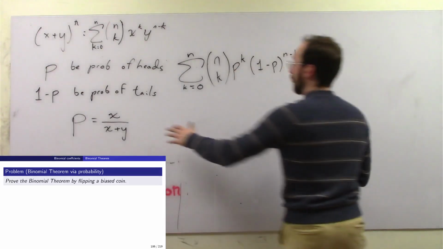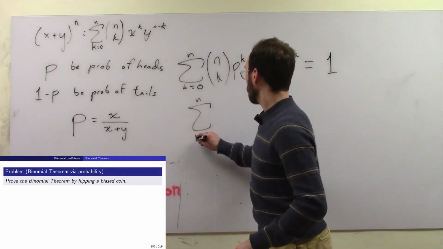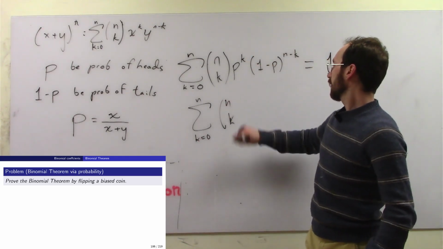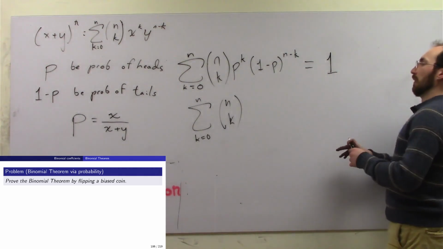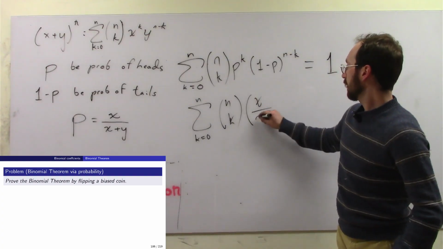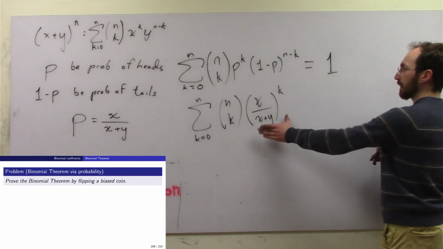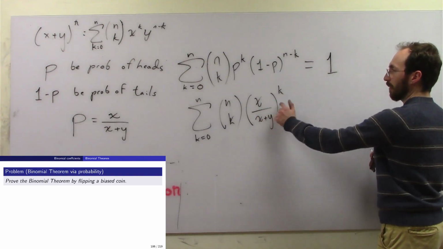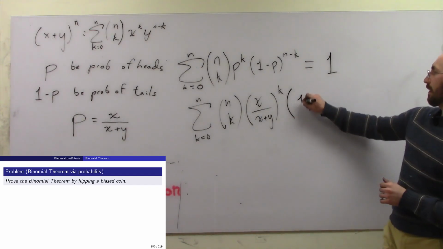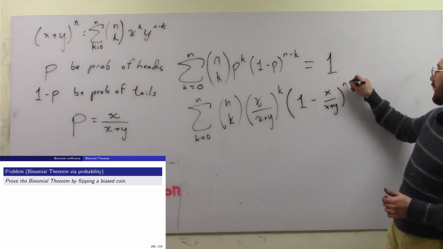Okay, let's plug this into our formula and see what we end up with. P is this whole shindig, x divided by x plus y to the k, and we get 1 minus x over x plus y to the n minus k.